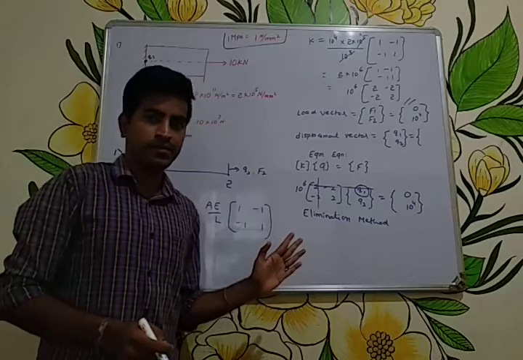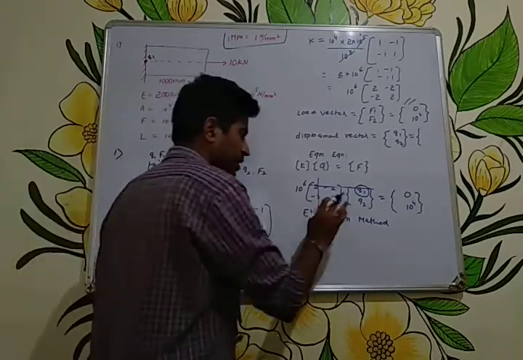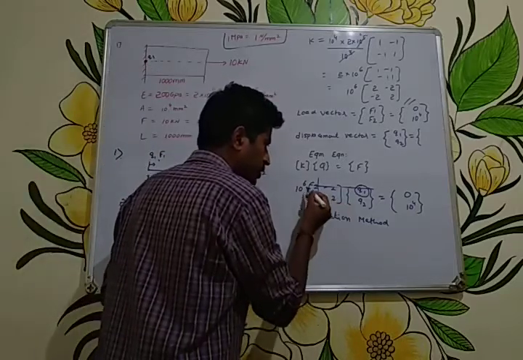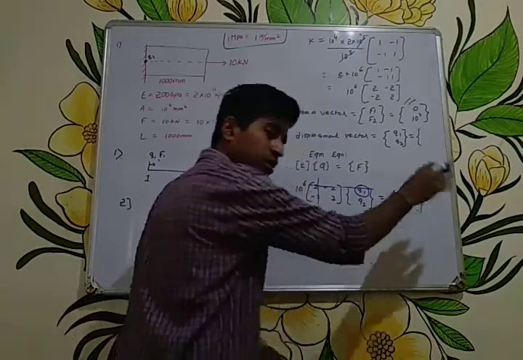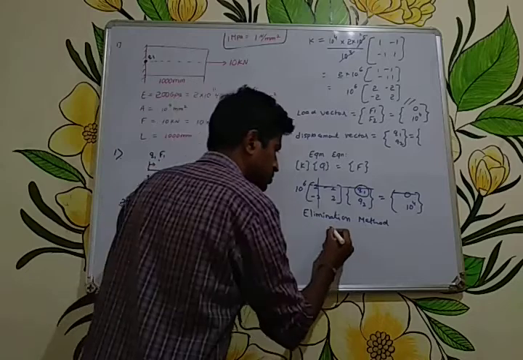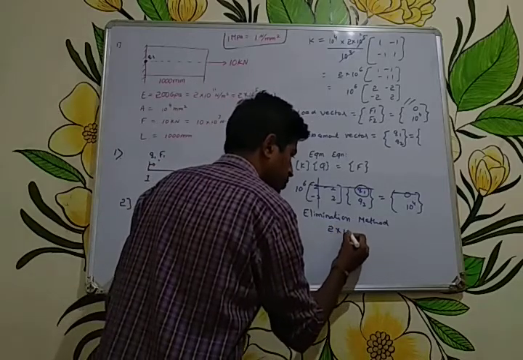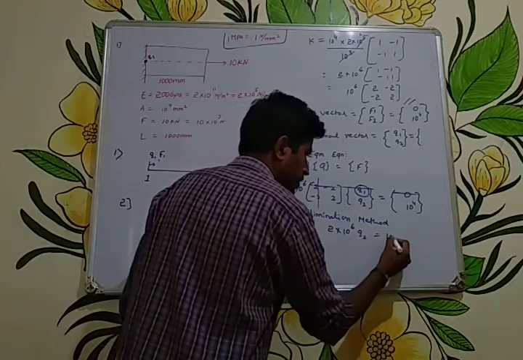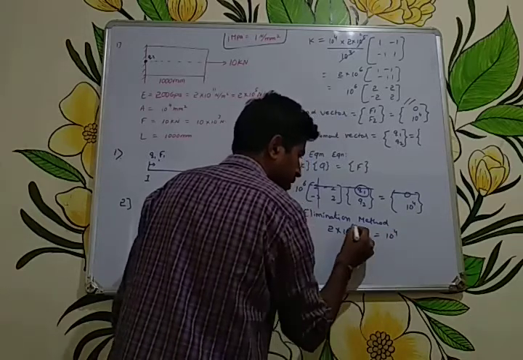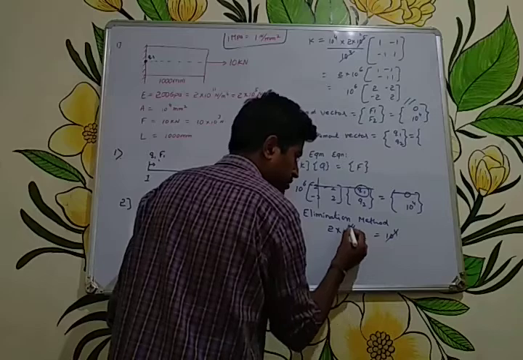Fine. So now the remaining values are 2 into 10 to the power 6 Q2 is equal to 10 to the power 4. Even you delete F1 also. So now you will be left with 2 into 10 to the power 6 Q2 is equal to 10 to the power 4. So simply 10 to the power 4, 10 to the power 4 cancel here.